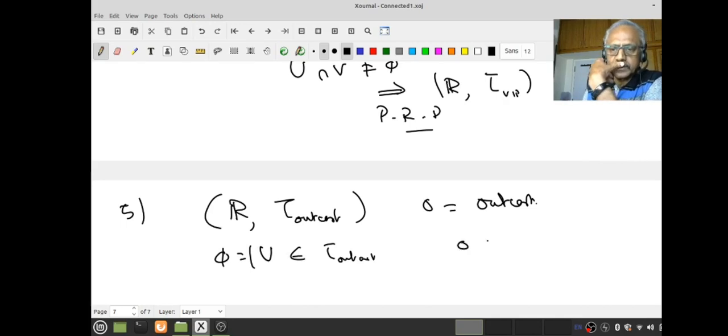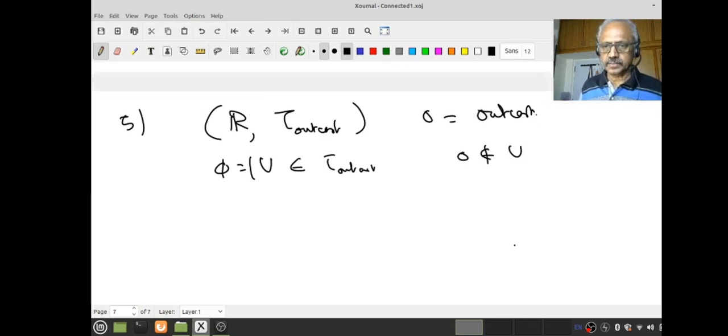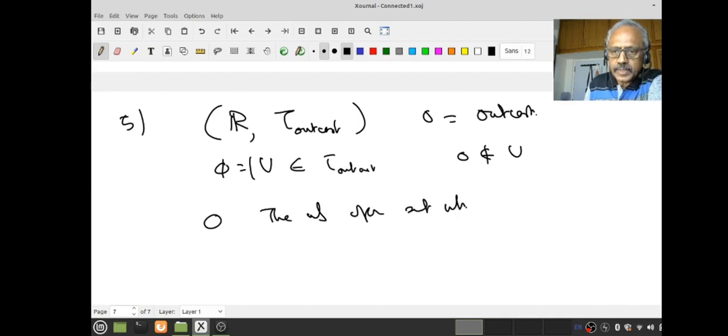That means 0 is not in U. Now let's look at 0. The only open set which contains 0, the outcast, is R itself. You understand? I claim because of this, it is connected.